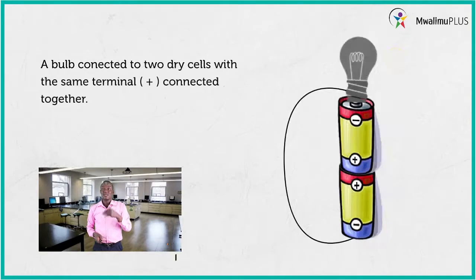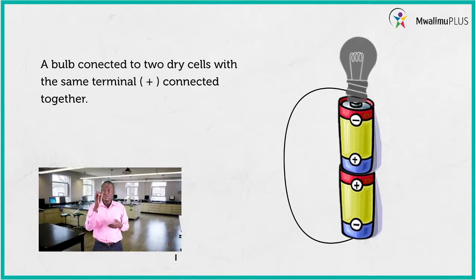Learners, let us look at the other diagram on the screen. So, what are you able to see there? Very good. From the screen, we have one bulb connected to two dry cells. But if we look at them, they are not connected well.